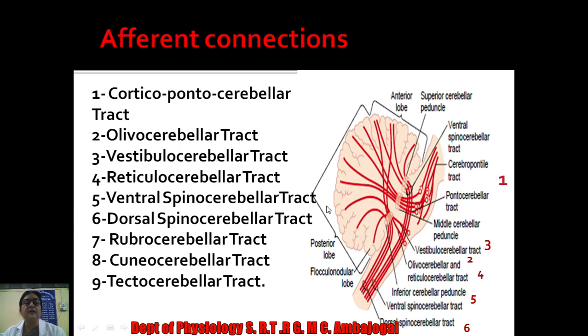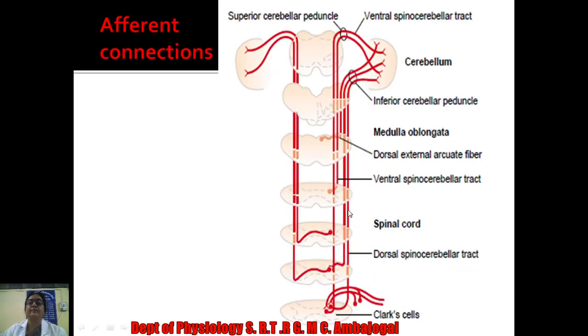What is the peculiarity of these anterior motor horn cells? Here the ventral spinocerebellar tract acts as the center for giving information to the periphery.